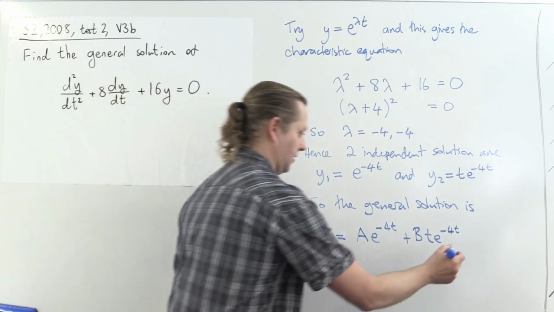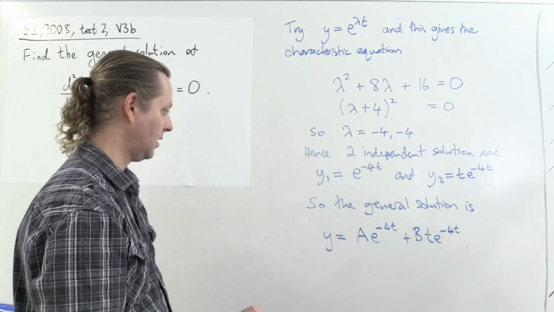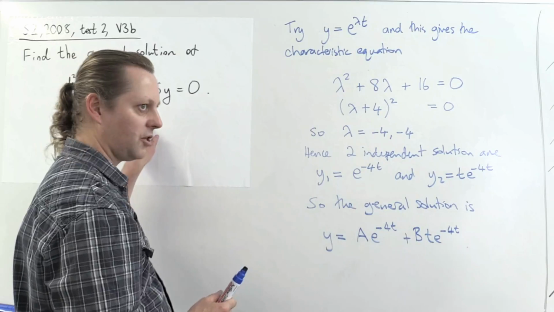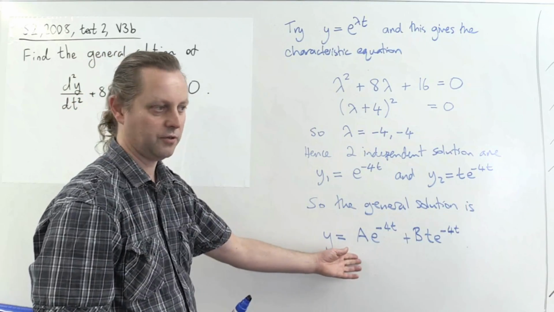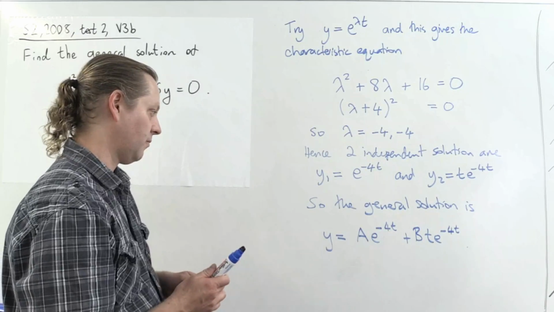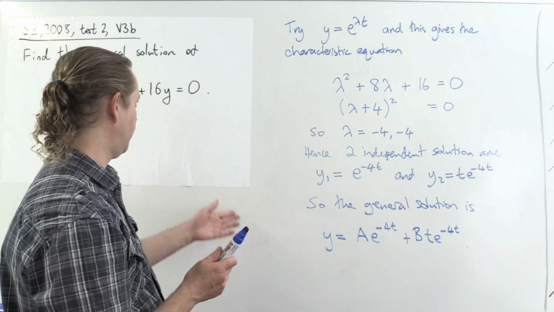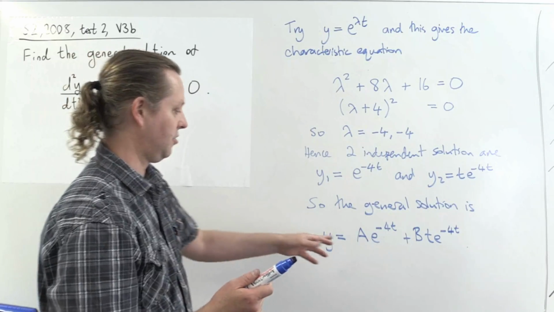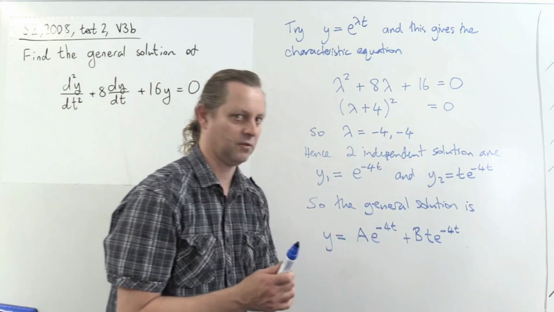Okay, so that's it. Important things to note here: we've got a second order equation, two arbitrary constants in our solution, that's what we'd expect. This question doesn't have any initial values or boundary values to let us determine A and B, so we just leave it like that. This is the general solution.